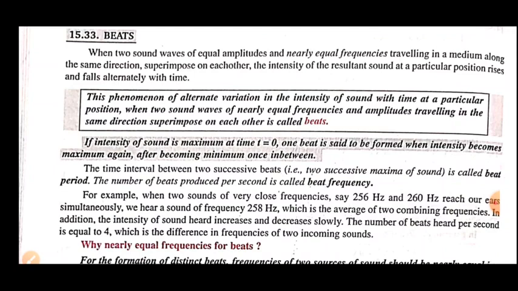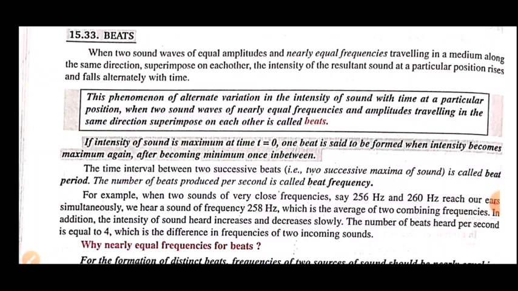This alternating variation in the intensity of sound with time at a particular position, when two sound waves of nearly equal frequencies and amplitude traveling in the same direction superimpose over each other, is called simple beats.